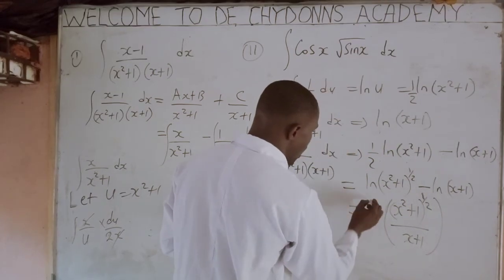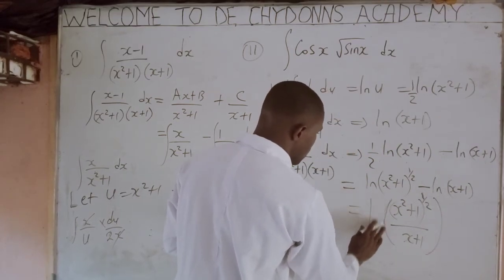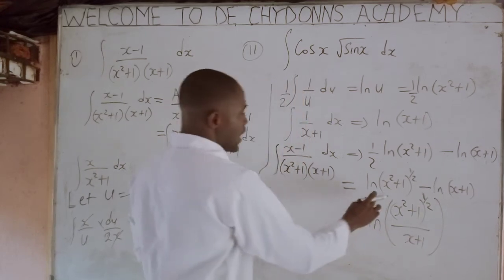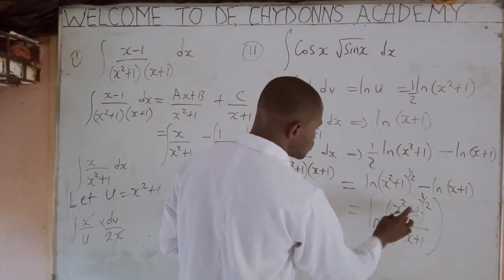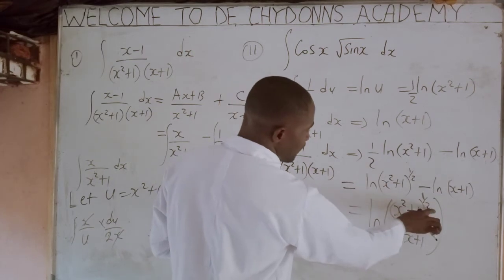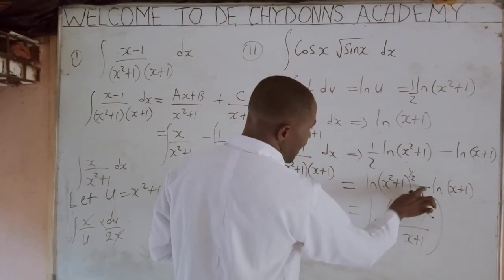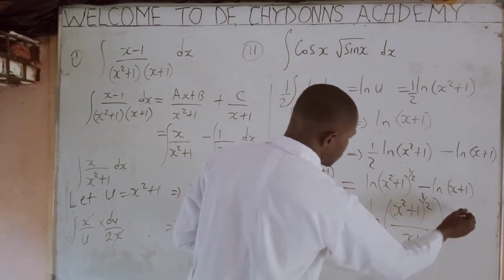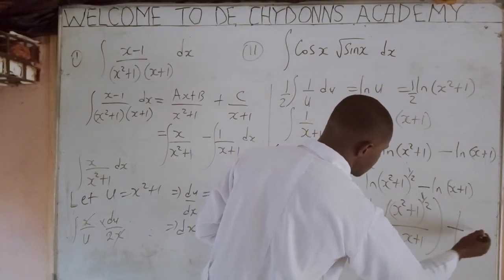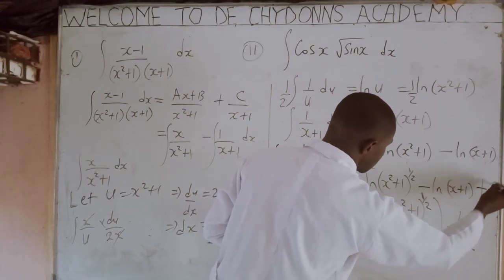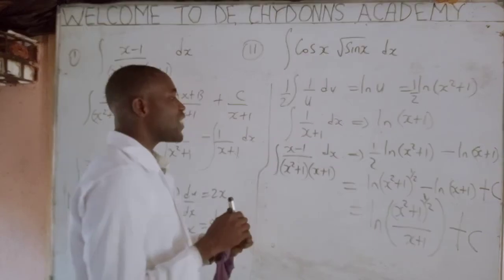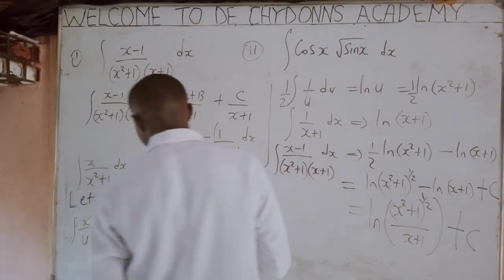So that is from the law of logarithm. Division is from this minus x plus 1. You say plus c. So that is the final answer from integration of this.